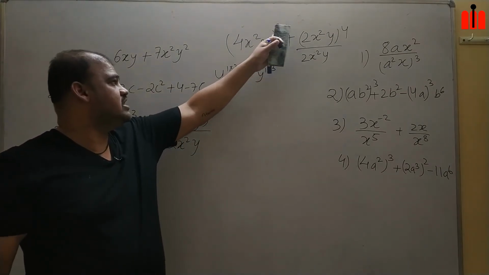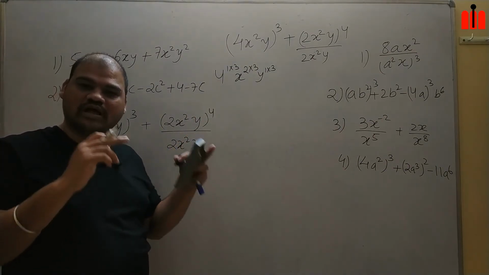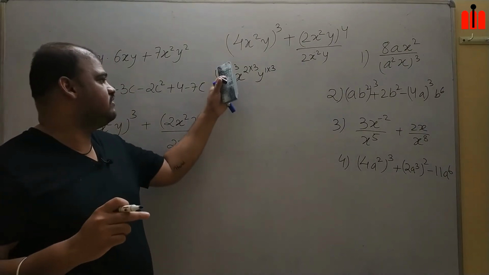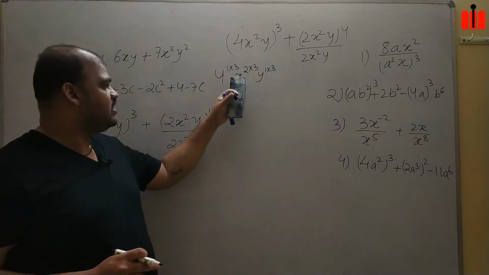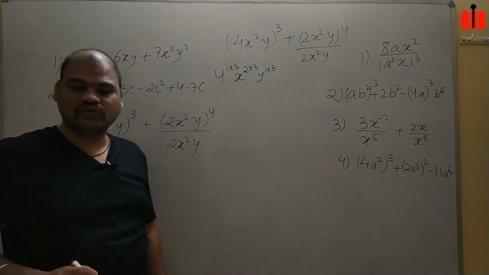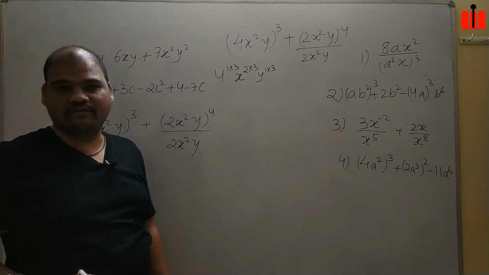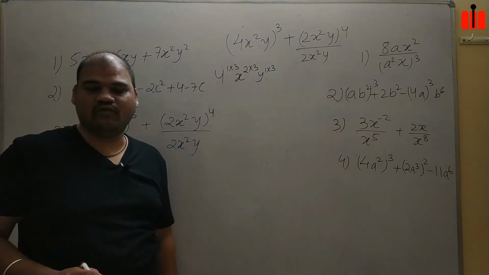So 3 is the power for 4. The initial power of 4 is 1, so it will be multiplied with 3. For x square, it is multiplied with 3, 2 into 3. Now y's power is 1, it will be multiplied with 3, y to the power of 1 into 3.